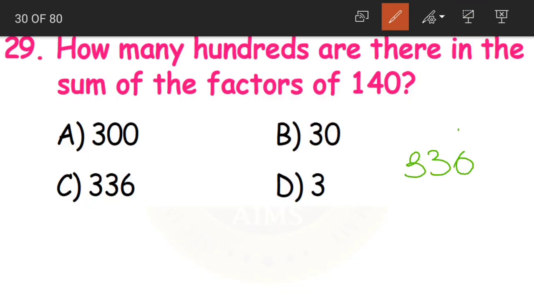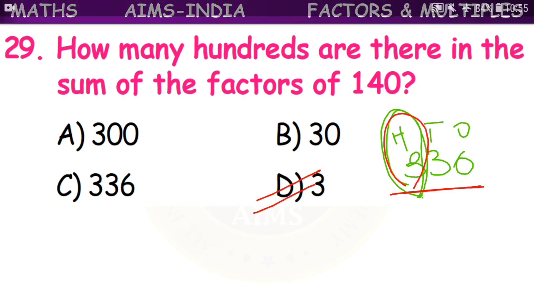Now what should we find out? How many hundreds are there in sum of the factors of 140? If you look at the place values, in hundreds place we are having 3.